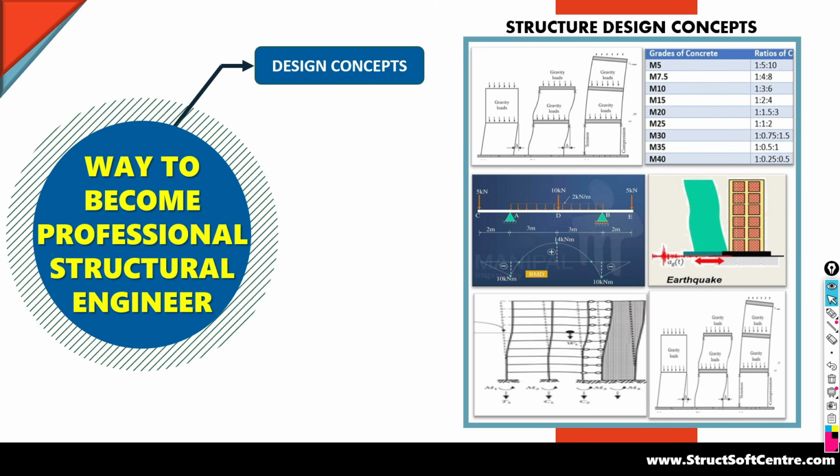What is the moment release concept? What is the shear release concept? What is the torsion release concept? Why are these concepts important? And there are lots of things to understand.